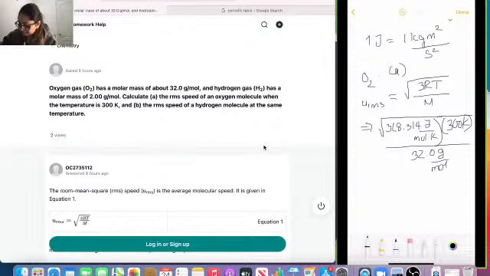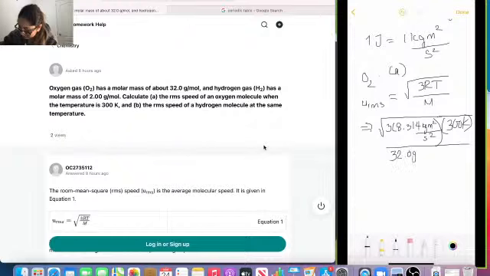Since this is in grams per mole, we're going to convert using the factor 1 kilogram meter squared per second squared, because it would be easier that way. We have to convert both the denominator and the numerator.